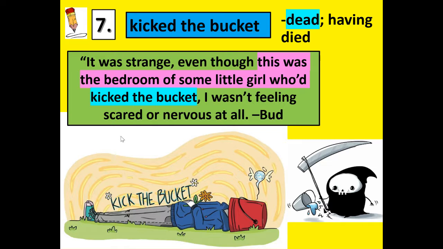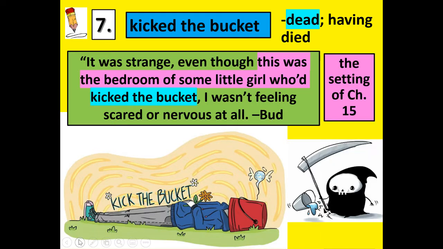And Bud thinks that this girl kicked the bucket or was dead or had died. So, this is also the setting of chapter 15. So, Grand Calloway Station and the room where Bud stays, and it's the room of a girl who kicked the bucket.